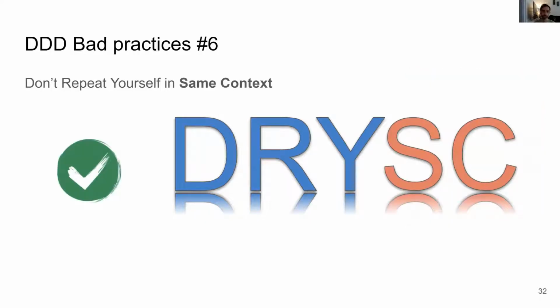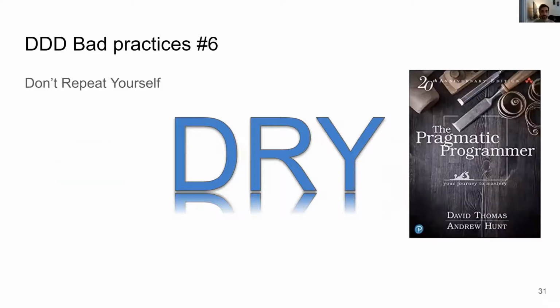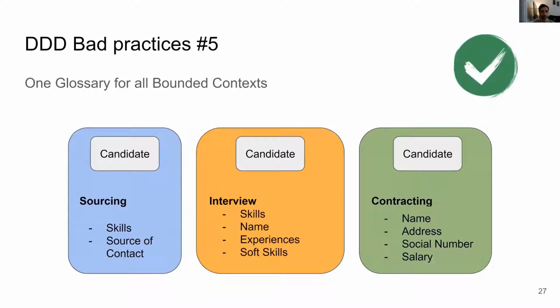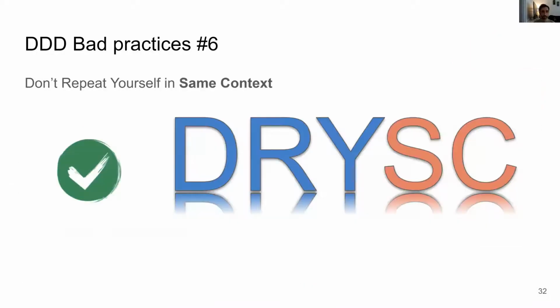You should use a more risky word when you are in a distributed system, for example a microservice, or in DDD. So don't repeat yourself in the same context. As we could see here, it was not a problem to share some parts of code in different bounded contexts, and that's what we are repeating just here.